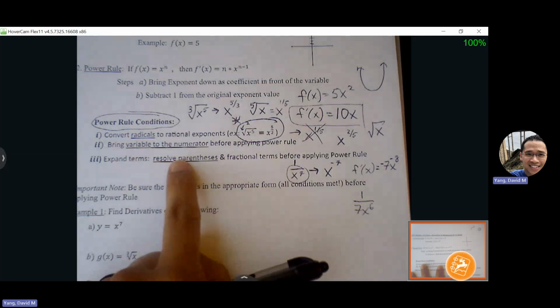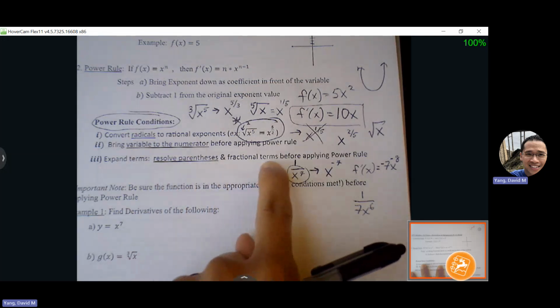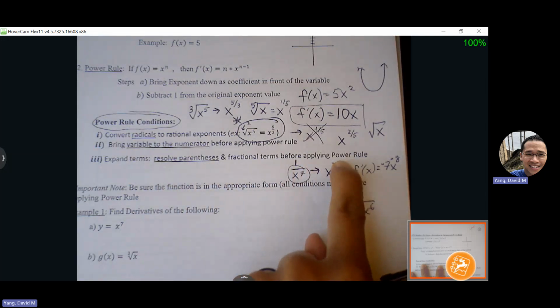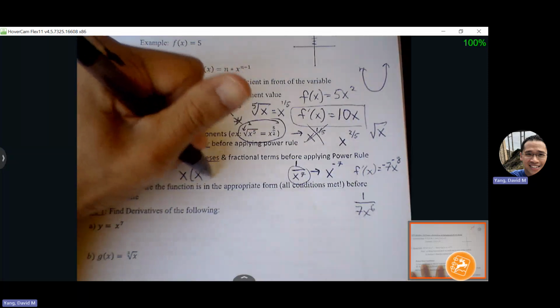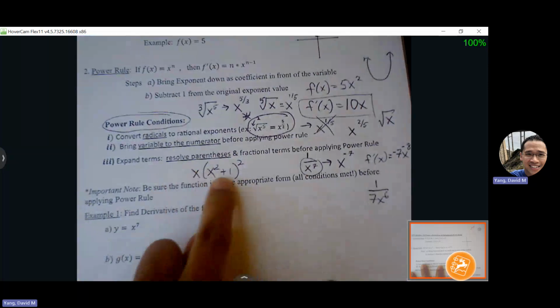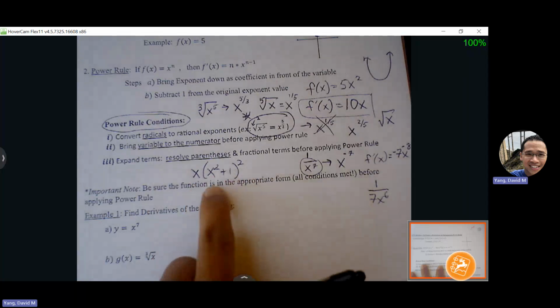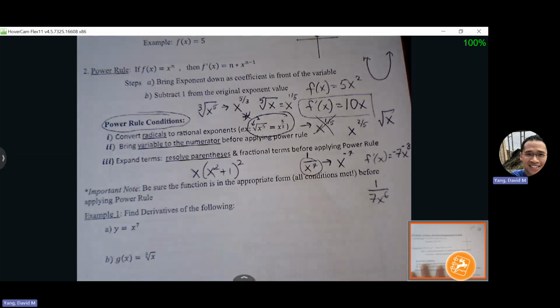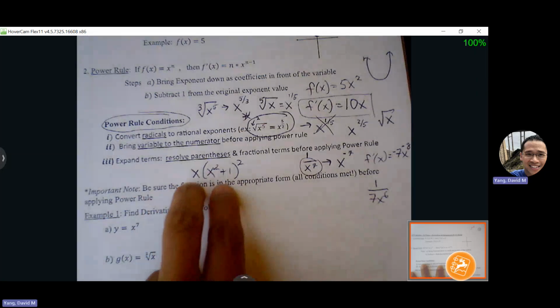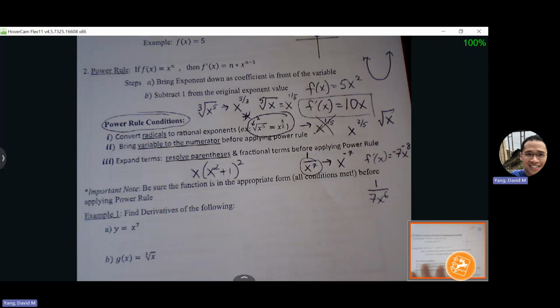The third condition is resolve all parentheses and fractional terms before you apply power rule. So if I had x times (x squared plus 1) squared, I have to resolve all the parentheses and exponents before I do power rule. I can't do power rule for x and power rule for the other factor and then merge it together. Now, having said that, we do have certain rules that can handle the multiplication of different functions, but we have to go through a separate rule for that.